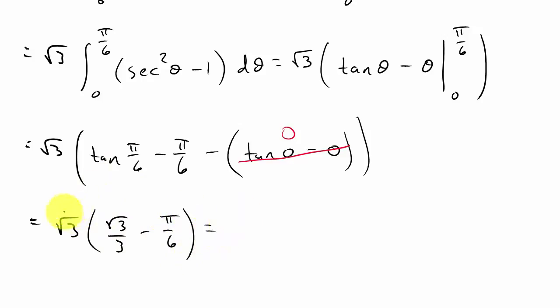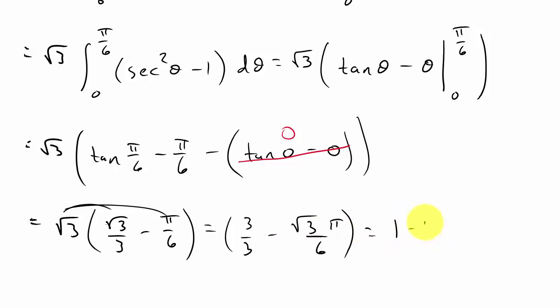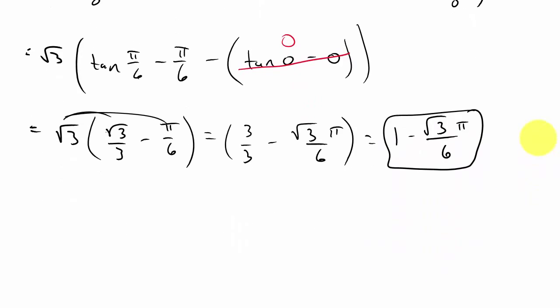And then if I distribute that, square root of 3 times square root of 3, that's just going to leave me with 3 over 3 minus square root of 3 times pi over 6, which gives me 1 minus square root of 3 pi over 6. And there's our answer. And if you want to punch it into your calculator, you'll get 0.0931.